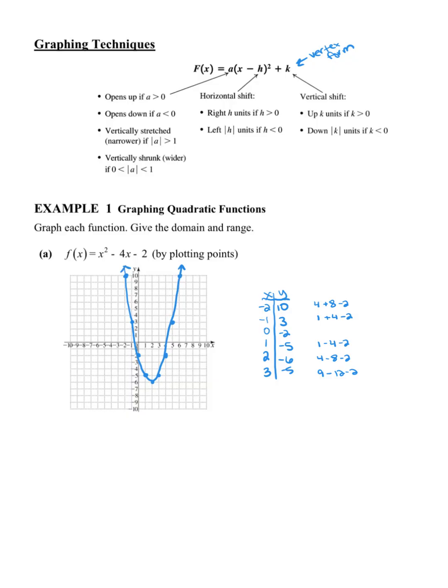And then give the domain and range. So the domain would be negative infinity to infinity, and the range would be from negative 6 to infinity, and negative 6 is on the graph, so it would be a bracket.